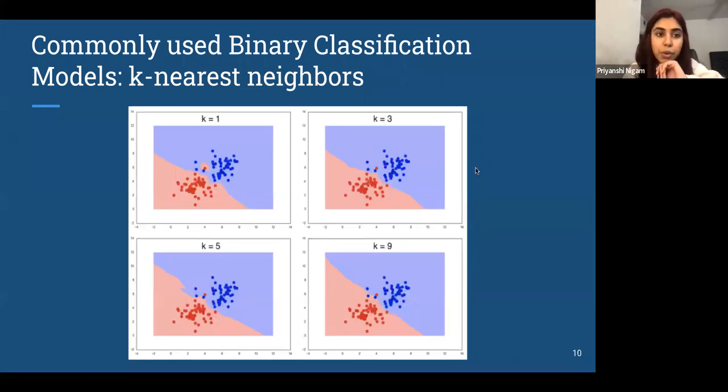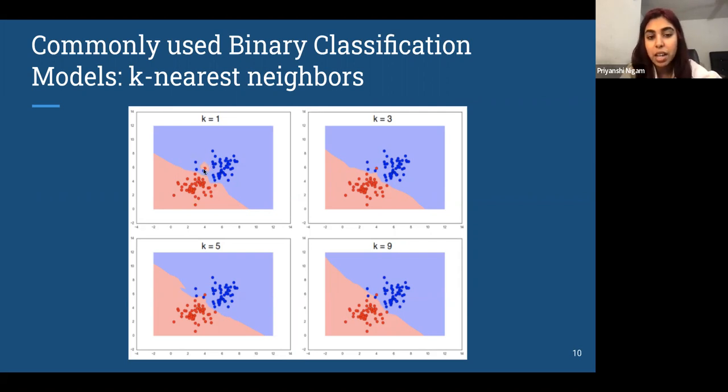The next one we'll go into is K nearest neighbors. What this essentially does is determine where a data point belongs based on the data points around it. The K number is how many nearest neighbors it'll look at. For K equals 1, it looks at this red dot, the one we're looking at, and it looks at itself because that's its nearest neighbor, and it'll classify on that.